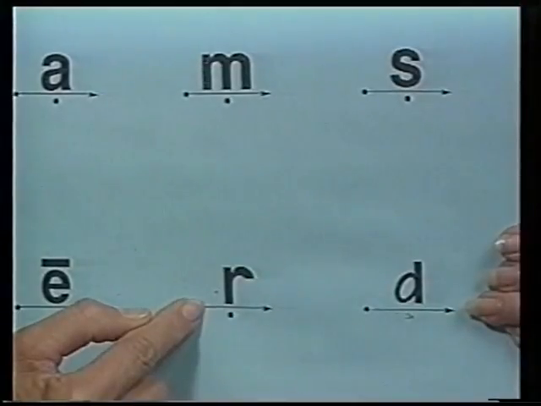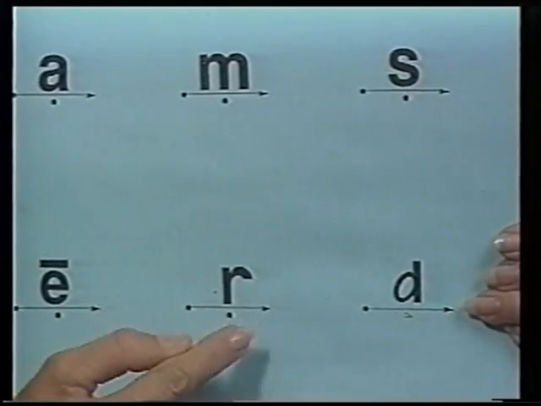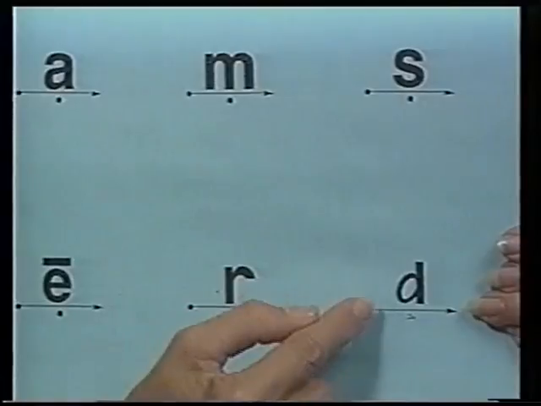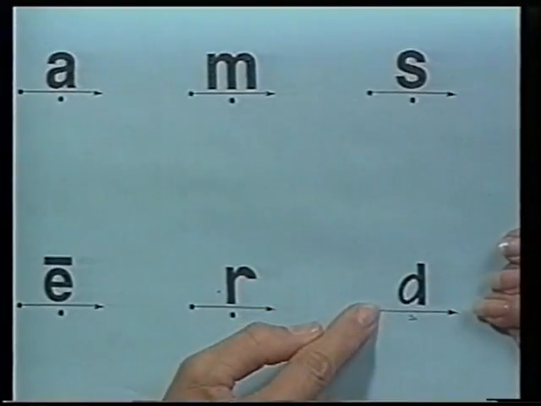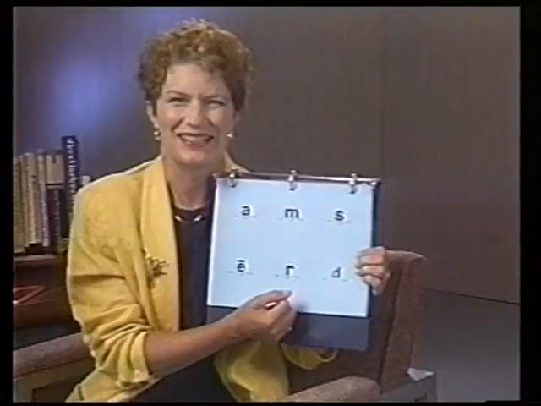Get ready. Yes, R. Be careful on this one. It's a quick one. Get ready. Yes, D. If you missed any sounds or were hesitant, you might mark them in your teacher's guide and also review the previous teaching segment before proceeding.